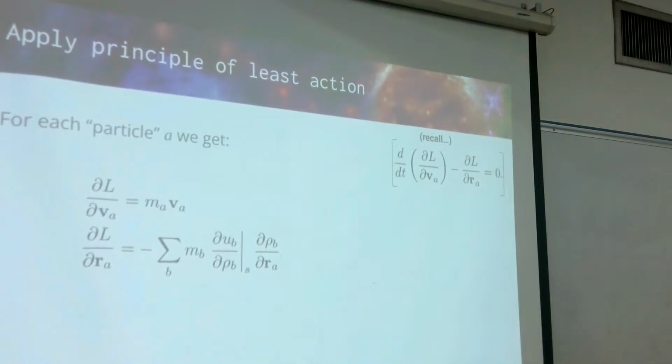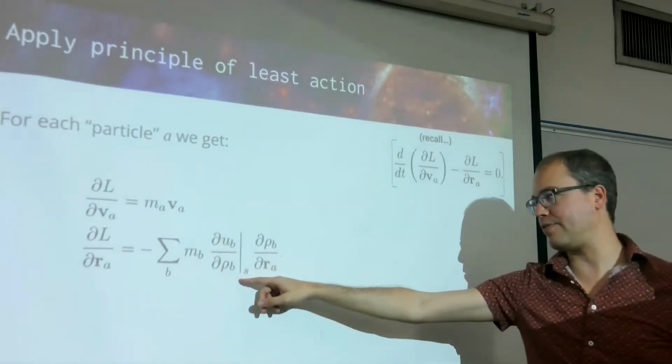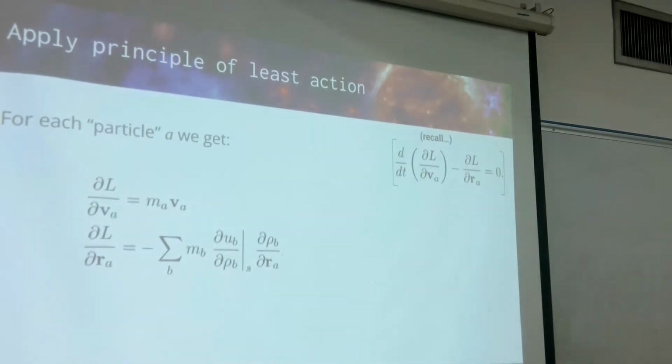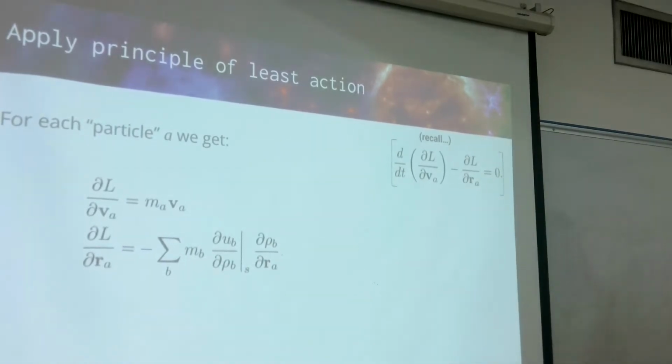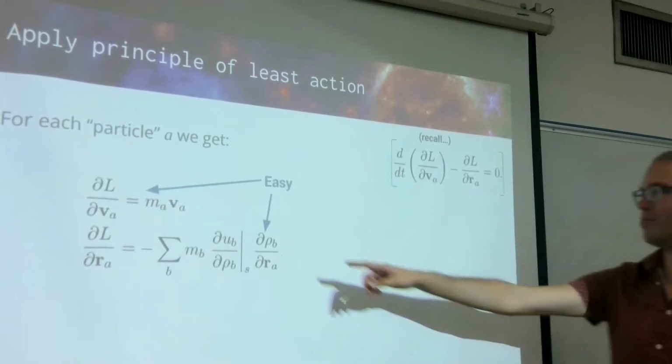This combination of derivatives of my internal energy. So I get a du by d rho at fixed entropy and a d rho by dr. Those two terms are relatively easy. So mv, that's mv.